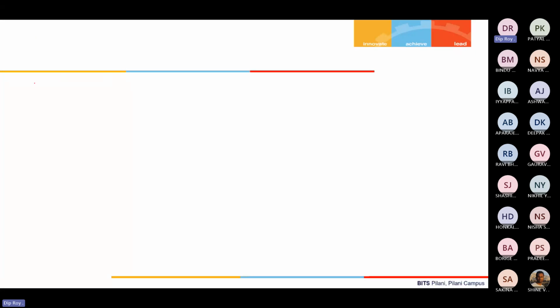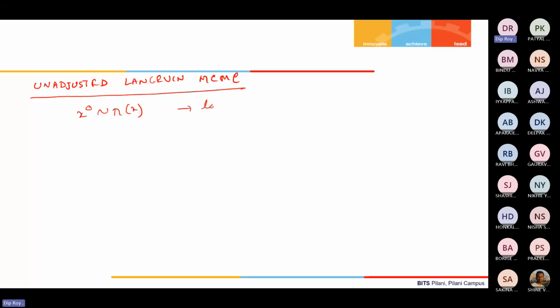The technique is called unadjusted Langevin dynamics, or Langevin MCMC, whatever you want to call it. So what we do here is that we take an initial sample from any proposal distribution. So this is basically the proposal distribution.